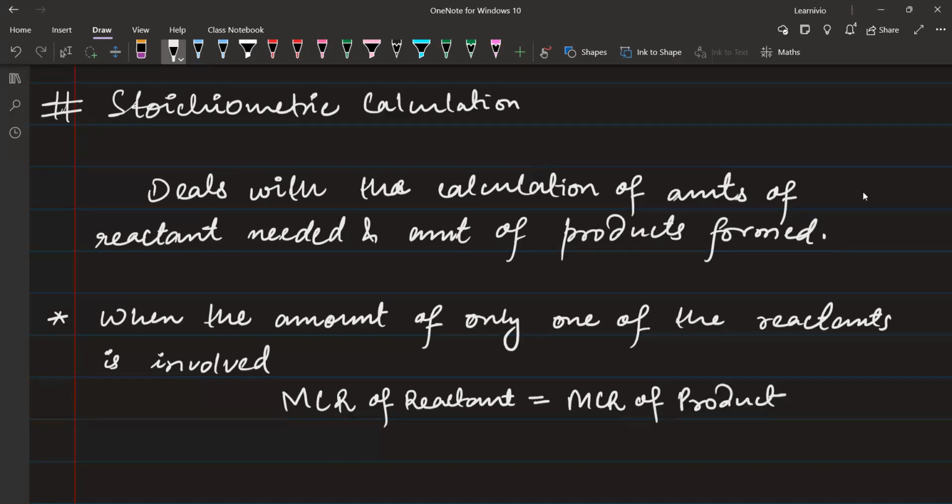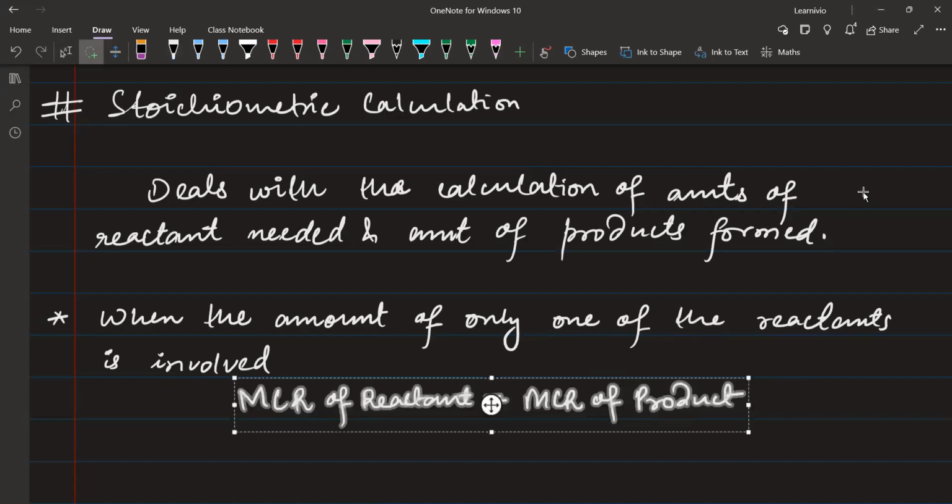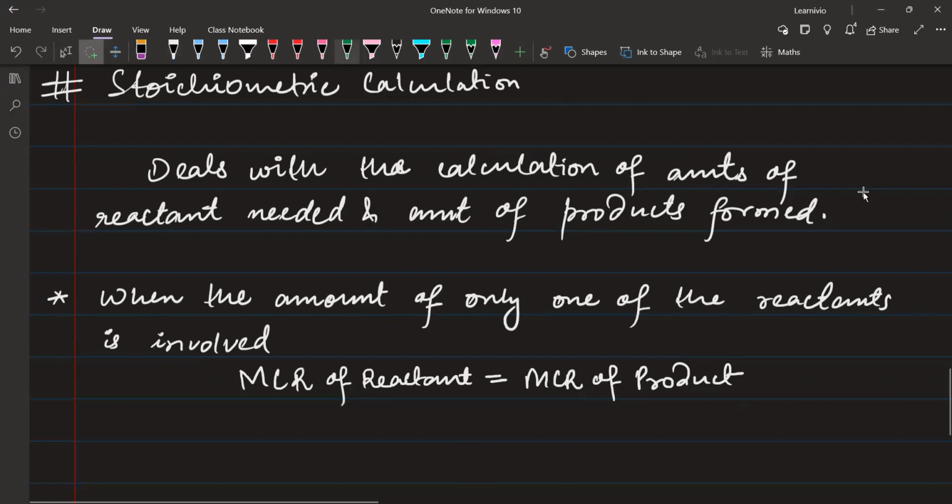If it is involving only one reactant. Makes sense till here? Yes or no? Please tell me. Yes. MCR क्या सब आएगा? ठीक है ना?